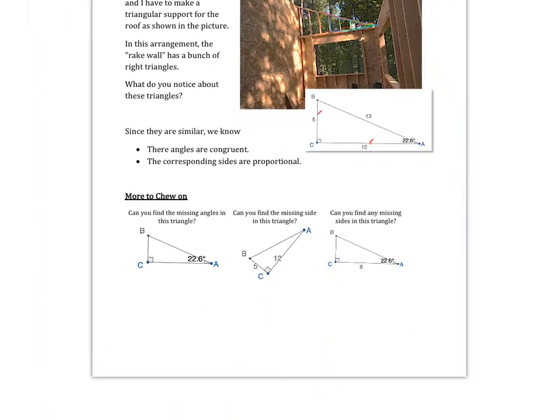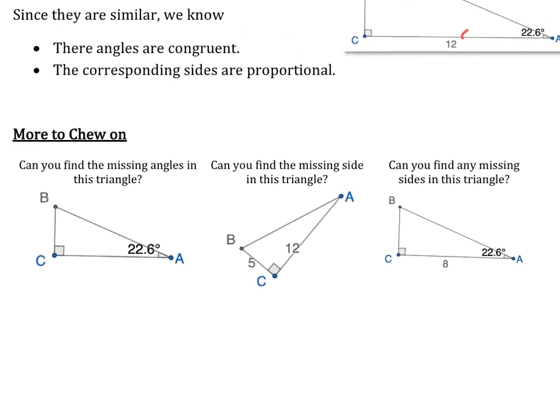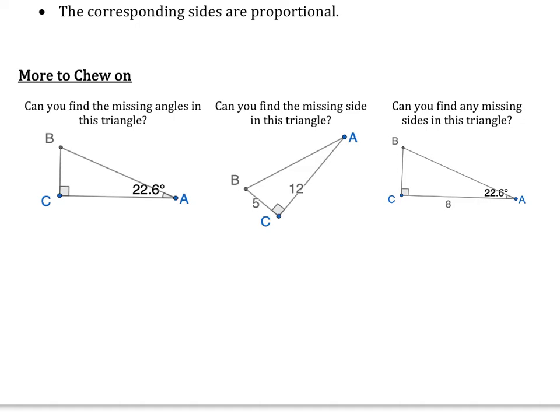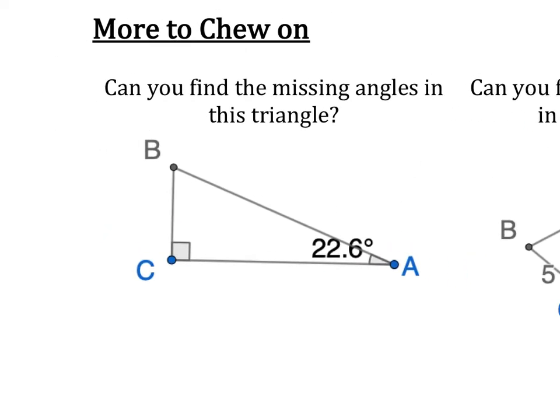Okay, so let's think about this. Here we've got a few triangles, and the question is, can you find some missing parts? Can you find missing parts on this left one? Can we find the missing angles? Well, of course we can. We know they all add up to 180, so these two angles have to add up to 90, so this is going to be 73.4 degrees.